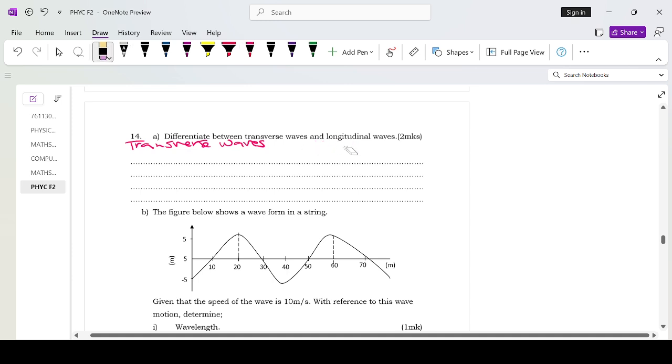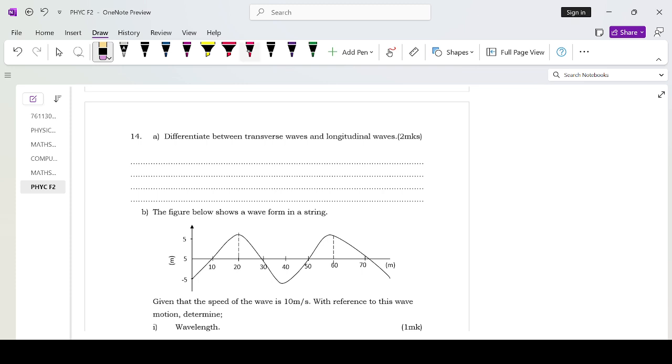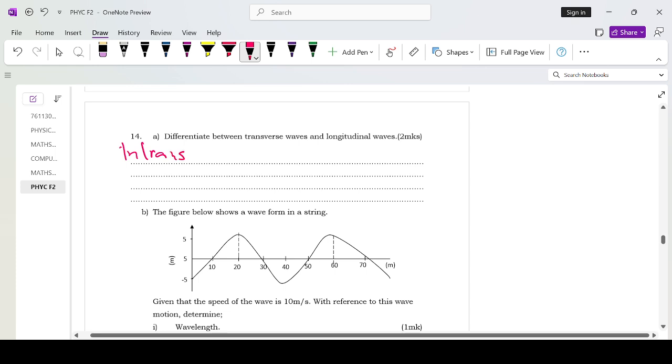To differentiate I have to use definitions. So let me just write: in transverse, the vibration of particles is perpendicular to the wave motion.